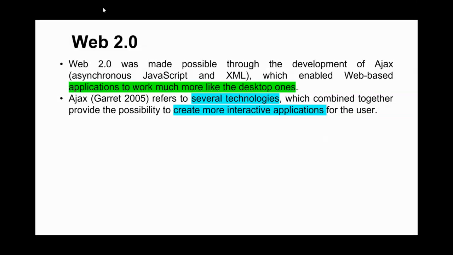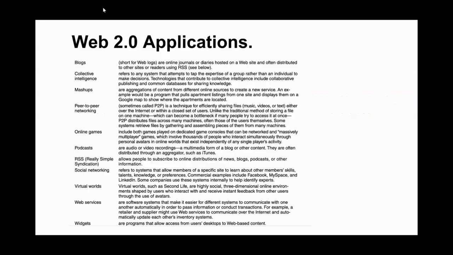So here they're just speaking to the fact that these applications work almost like a desktop, in that obviously we can put files on our desktops and so on. Here it refers to several technologies which combine together to provide the possibility to create more interactive applications to users. So now these are the various applications. I'm sure you guys have seen a lot of this.